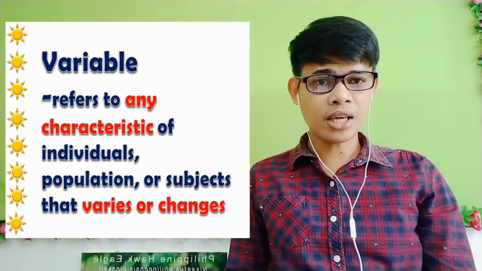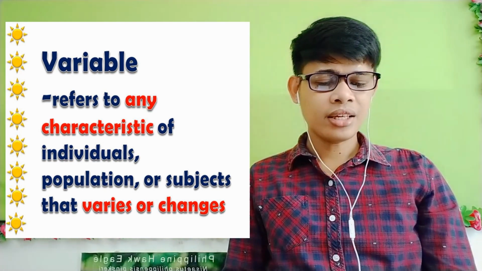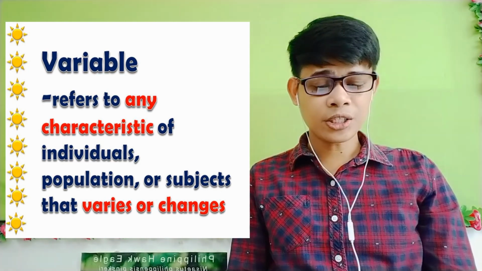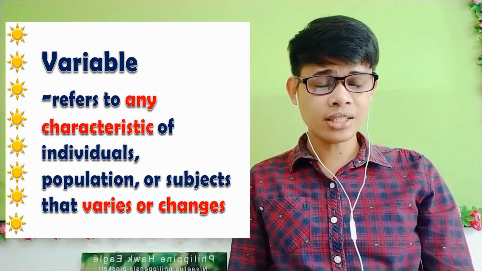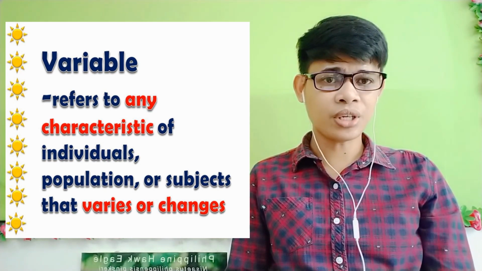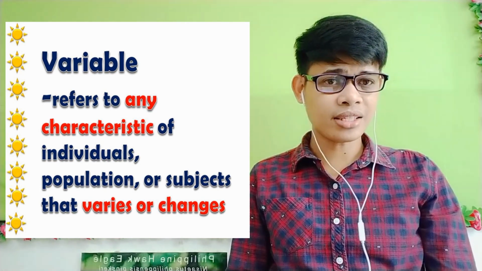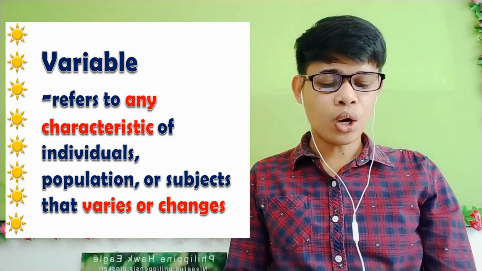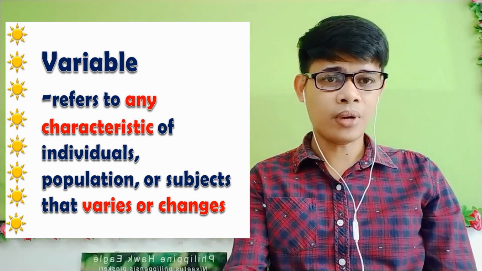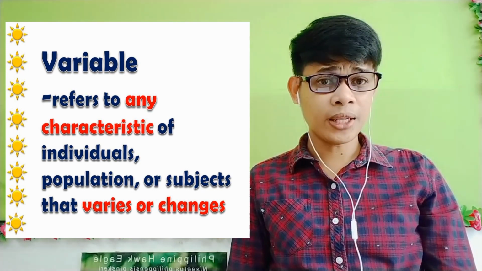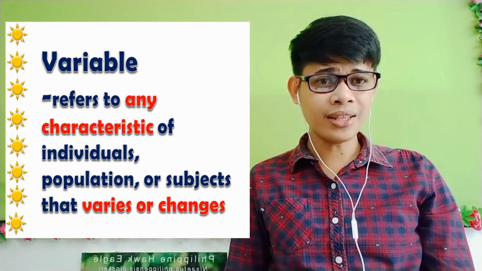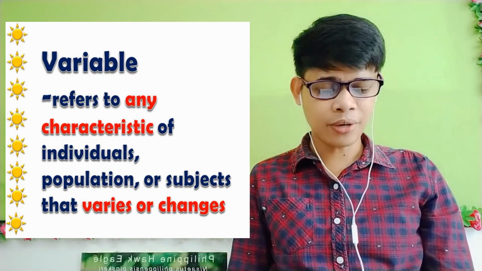So meaning to say, we can say that a certain variable is being discussed or noted in your research if it is a characteristic of a certain individual. I will give you later examples so that you will understand deeply what are research variables.